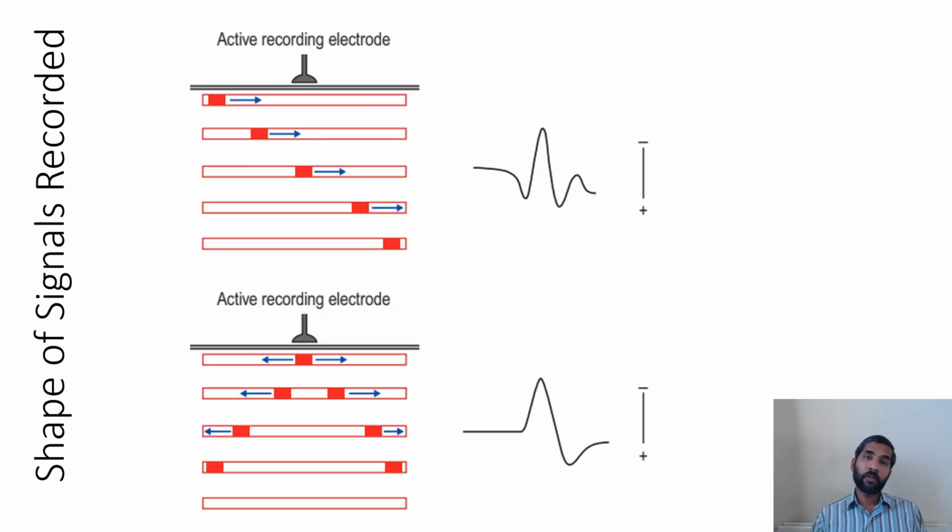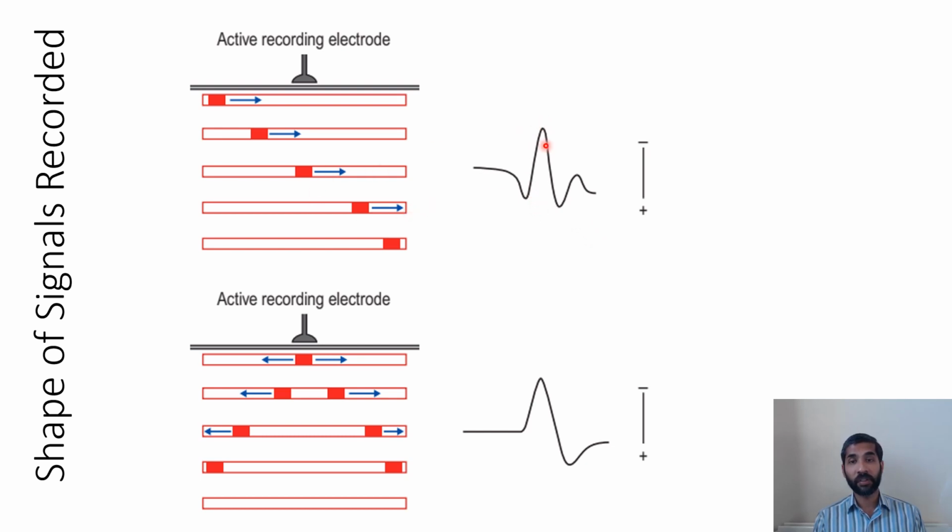So let's also talk about what kind of signals you would record when you're recording from nerves or muscles. If you have your active recording electrode here, and let's say there's an action potential traveling from the left side to the right side, what kind of signal are you going to record? As the signal travels towards the electrode, you have a positive swing. And then as this action potential comes directly under the electrode, you have a negative swing.